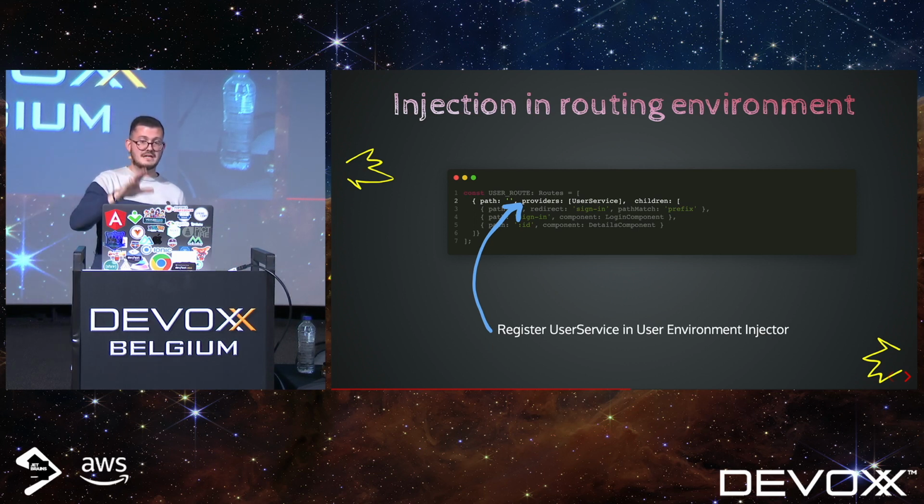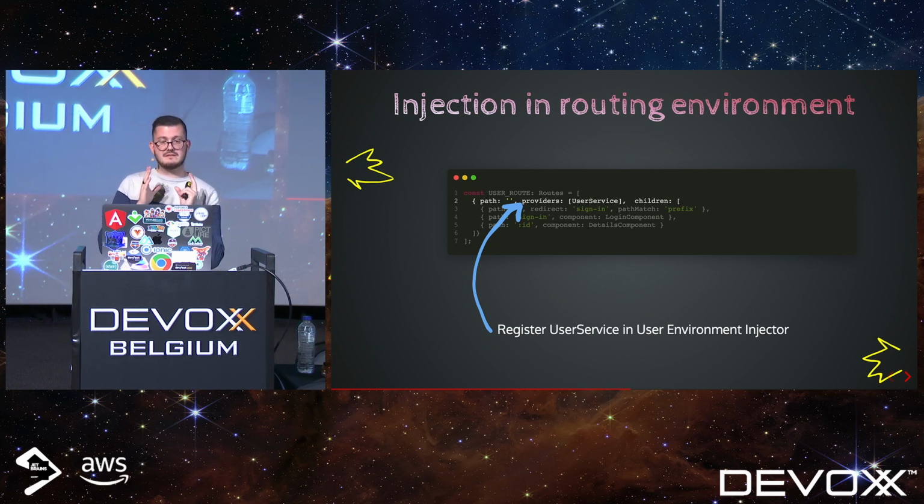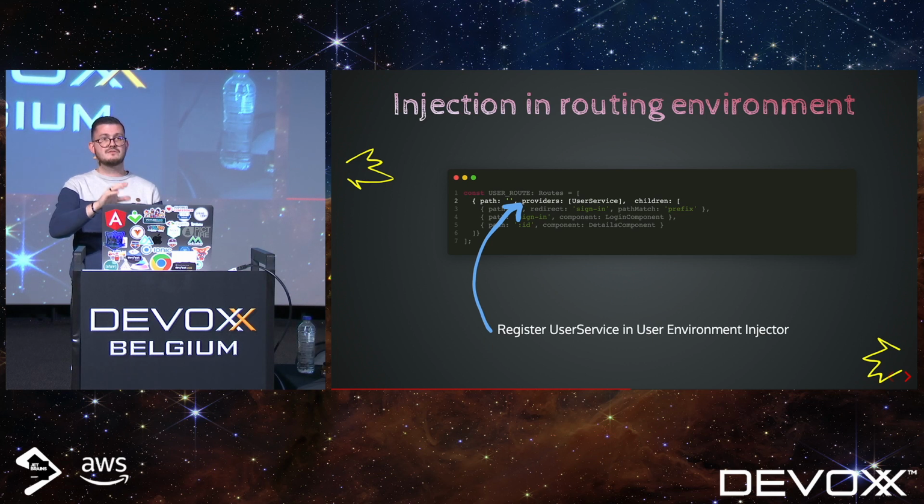Okay, and with that, you can now inject your user service in the login component or in the details component. This will work, so this is very fantastic. And what is the best inside this feature is that these components do not need to be standalone components. Okay, they can be classic components.